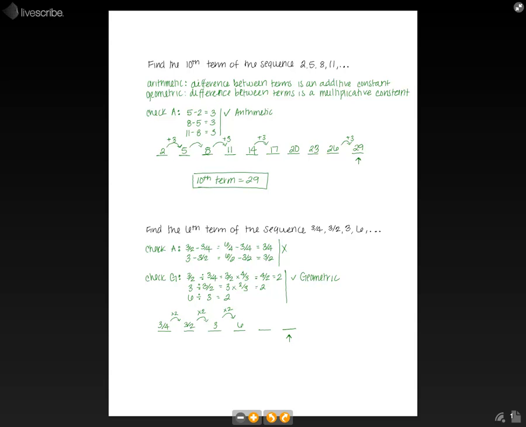So to get from the fourth to the fifth term, all we need to do is multiply by 2 again. So we're going to do 6 times 2, which gives us 12. And then to get to the 6th term, we just need to multiply by 2 again. So 12 times 2 is 24. So now we know that the 6th term of this series is equal to 24.